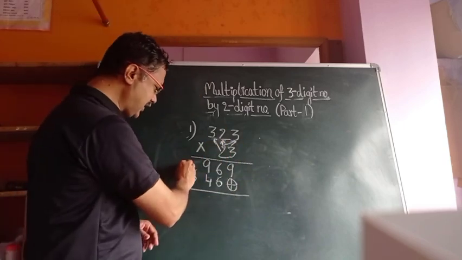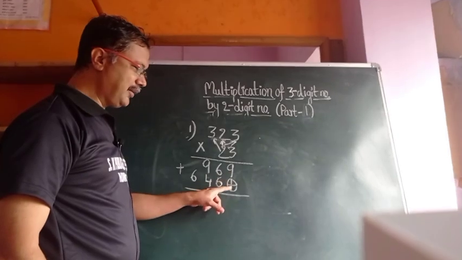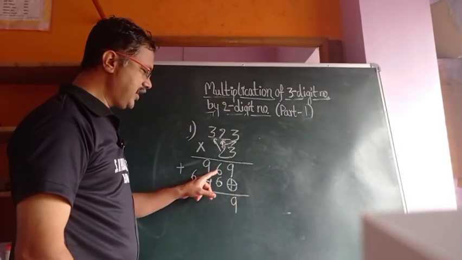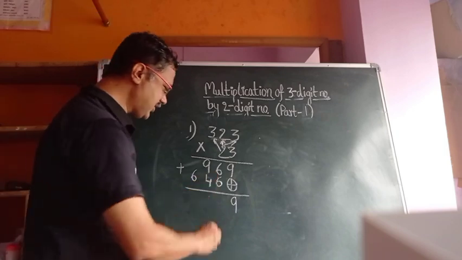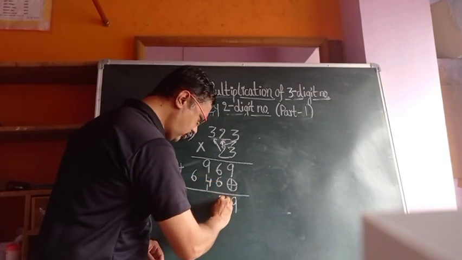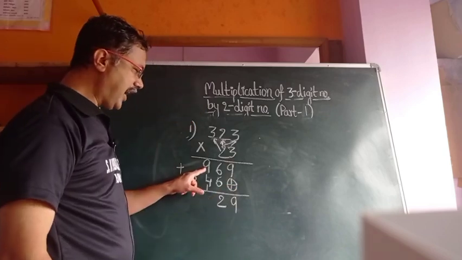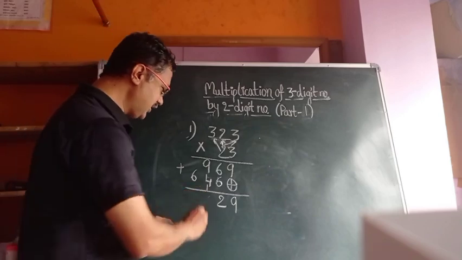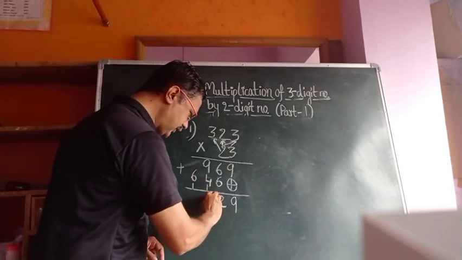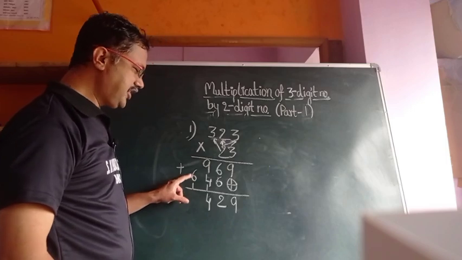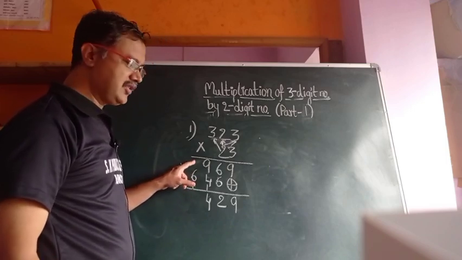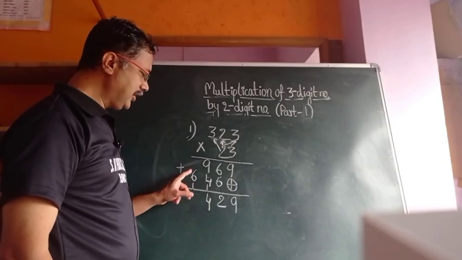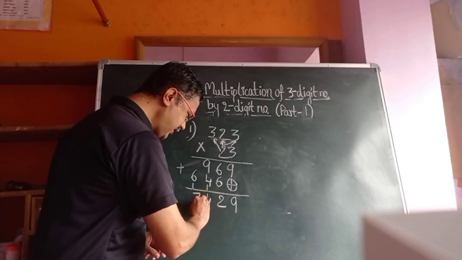Now we have to add these numbers. 9 plus 0, 9. 6 plus 6 is equal to 12. 9 plus 4 plus 1, you have to add all this, it becomes 14. 6 plus 0, upside nothing is there means 0, consider it as 0. 0 plus 6 plus 1 means 6 plus 1, 7.